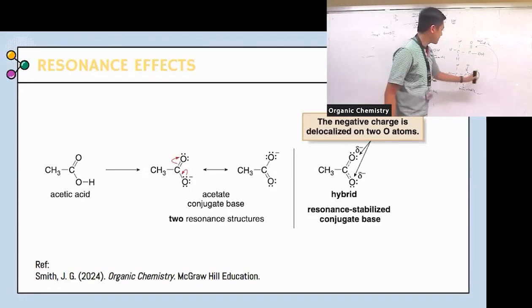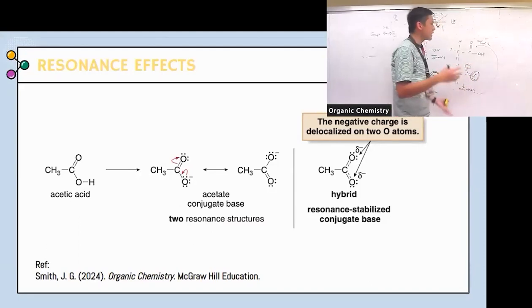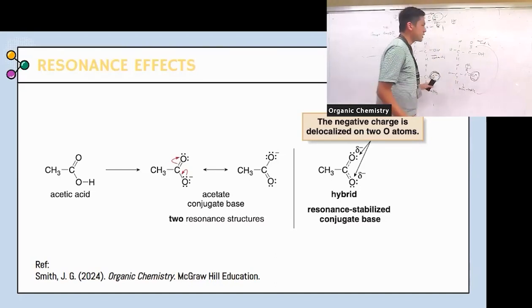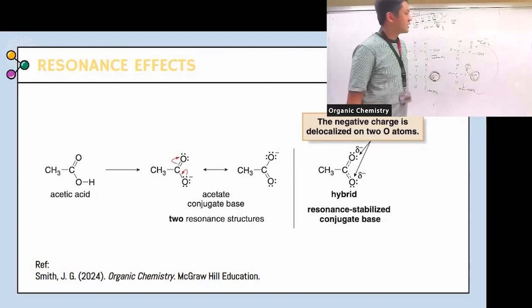It's delocalized, that's a good term. Delocalized between two oxygen atoms. Hence, each oxygen atom would be carrying a relatively lighter weight than if it's localized. So this is the more stable conjugate base, which makes this the more acidic compound. Okay, next slide please.